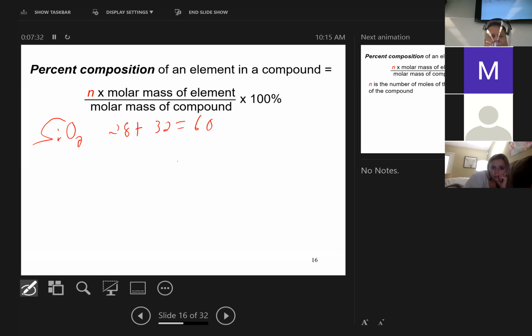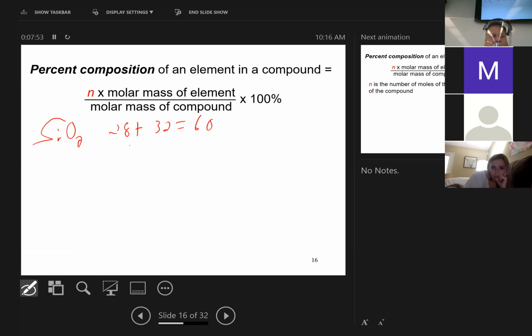Okay, now the percent composition, what would be the percent composition of silicon? You have the number of moles of that divided by the molar mass of the compound. So what would that be equal to?